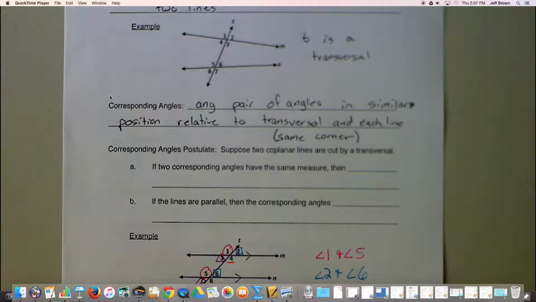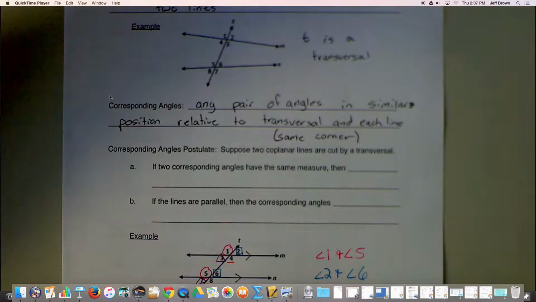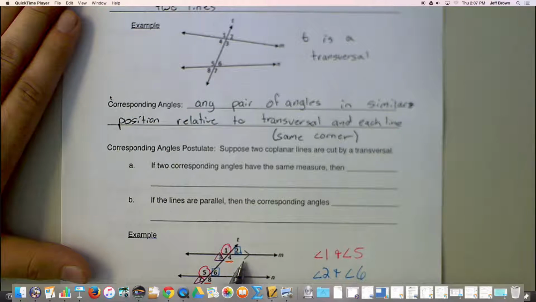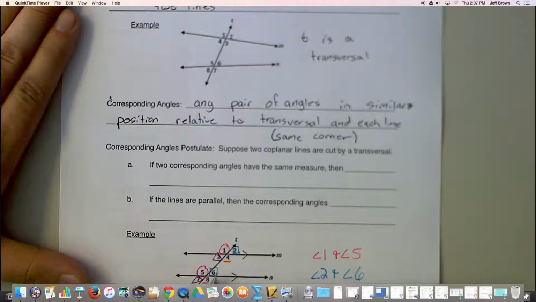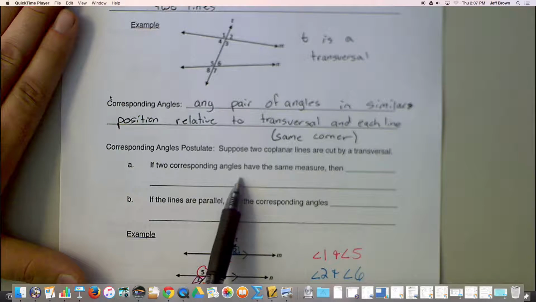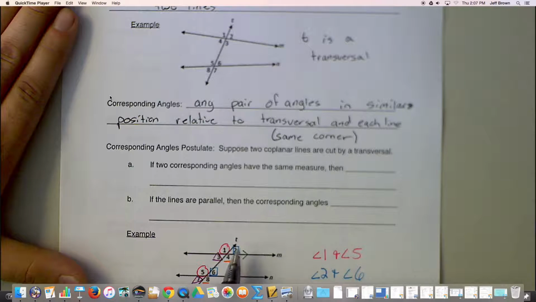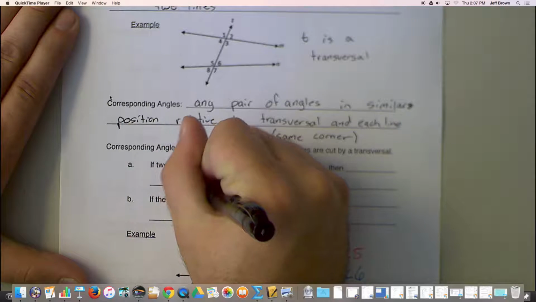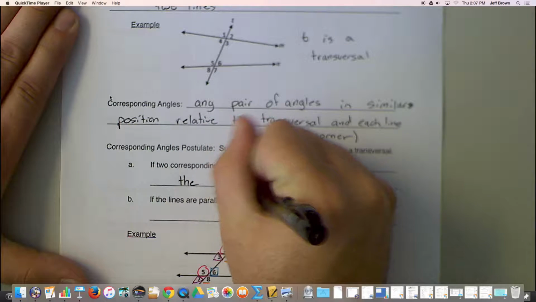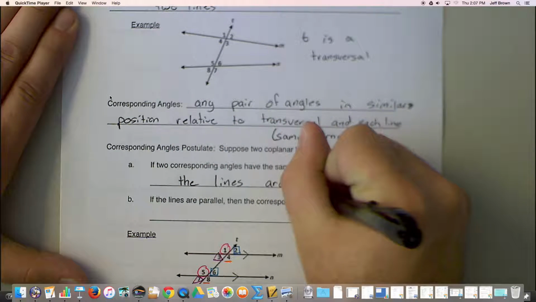And it says that if we have two coplanar lines cut by a transversal, so that's kind of like our example down here, we have two parallel lines and a transversal through it. And our postulate says that if two corresponding angles have the same measure, so two of those corresponding angles are congruent, then the lines are parallel.